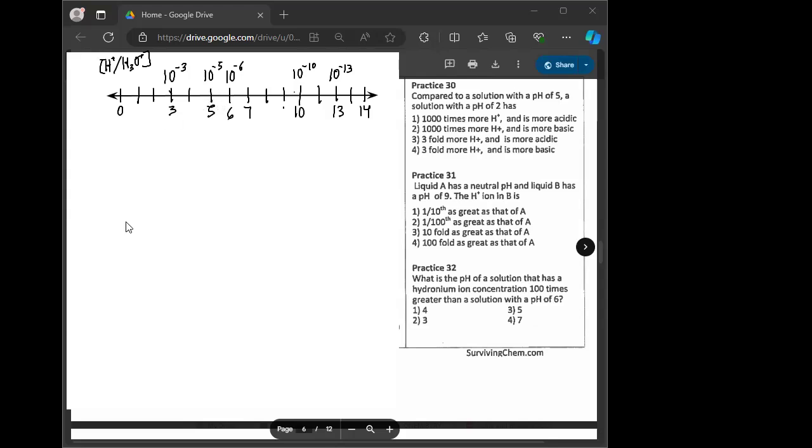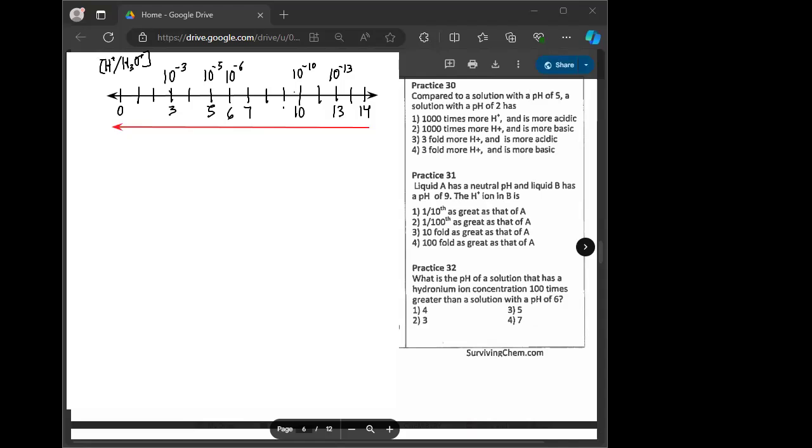So we need to understand what happens when we go up or down the pH scale, like how that's affecting the hydrogen ion concentration, or the acidity of everything.